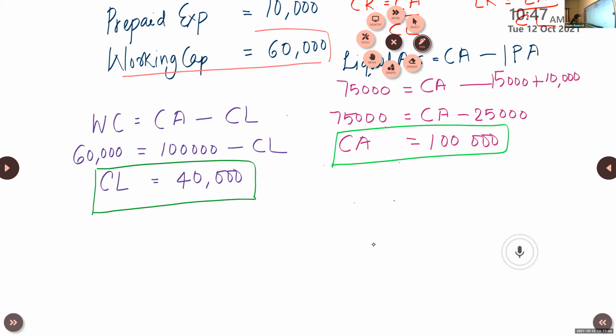How much is CR? CR is equal to 1 lakh divided by 40,000 and LR is equal to, how much is LR? 75,000 divided by 40,000.